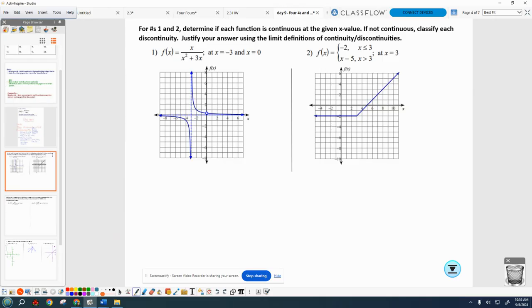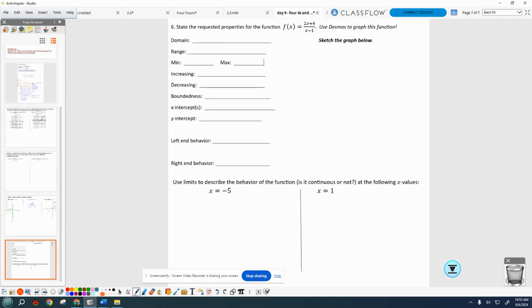Hold on, there's another thing at the bottom of the back page. I don't get that bottom. This is asking you to do a whole lot of stuff, and then we have to use Desmos.